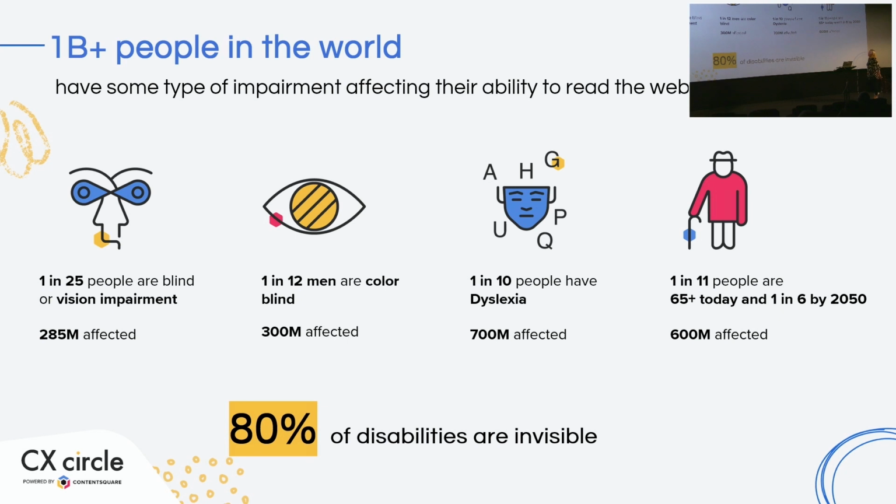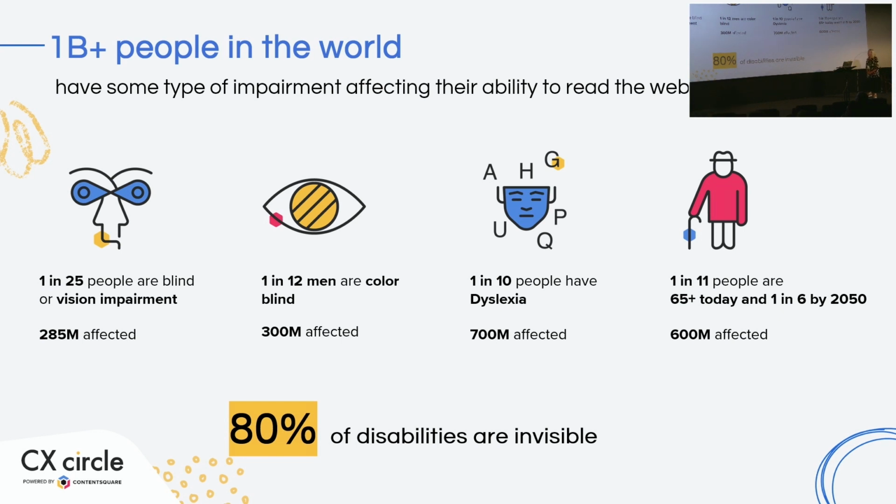For those who have joined before, you know I like to ram these facts and figures down your throat. And we do this for a reason, right? It's that constant reminder, constantly reminding yourself of accessibility as a whole. Around 1.85 billion people in the world have some type of impairment affecting their ability to read the web.